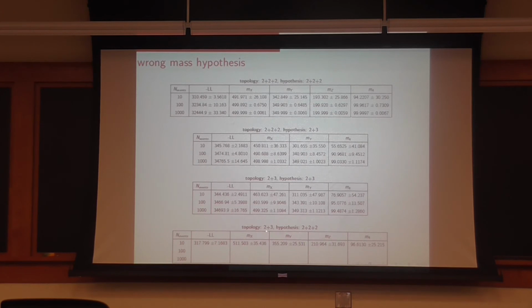But here's the interesting thing: obviously, the 2 plus 3 topology is not going to be fitted well with the 2 plus 2 plus 2 hypothesis. So after looking at 10 events, you conclude that the correct topology is not 2 plus 2 plus 2. But the other way around doesn't work that way.